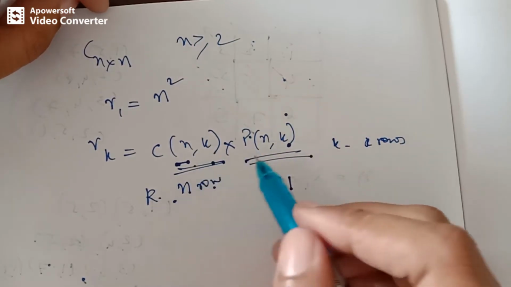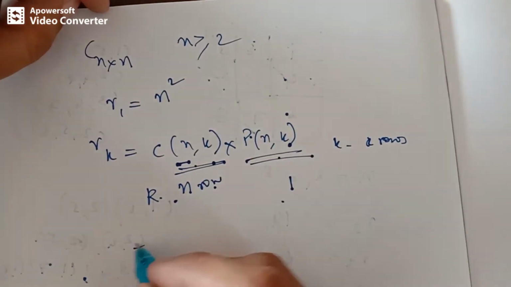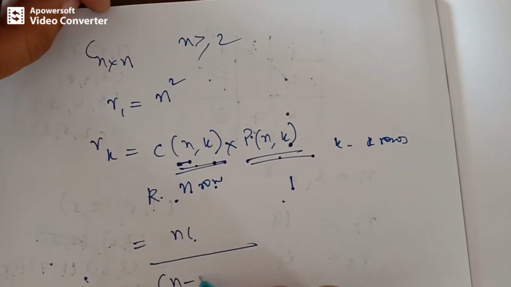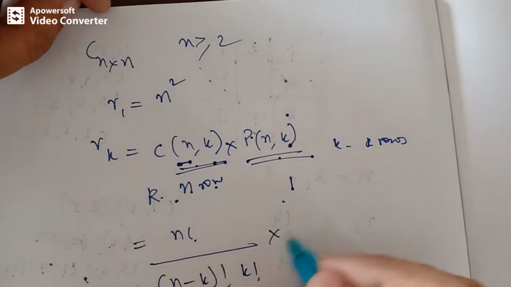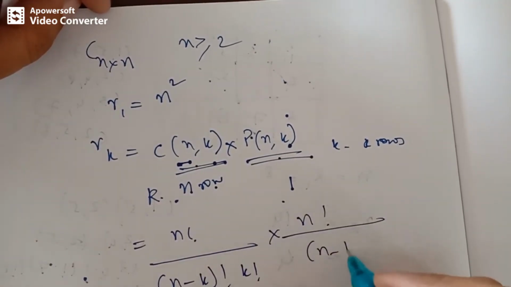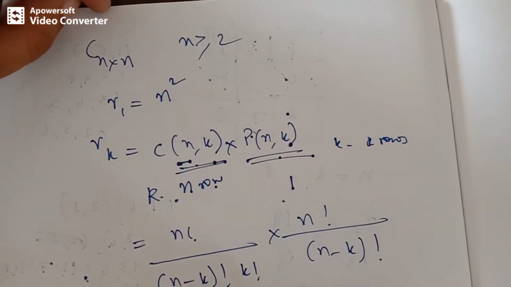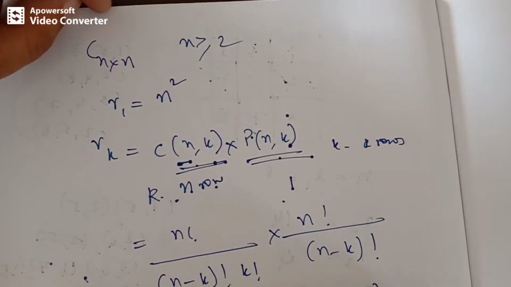Totally it is C of n comma k into P of n comma k, which is nothing but n factorial by n minus k the whole factorial into k factorial into n factorial by n minus k the whole factorial, which is nothing but k factorial into C of n comma k the whole square.